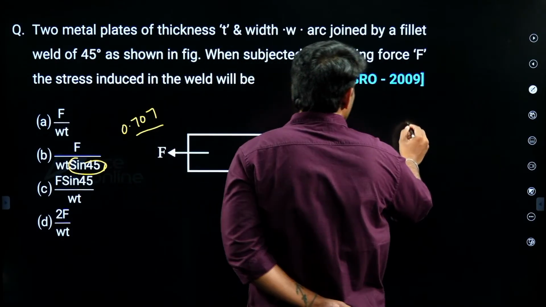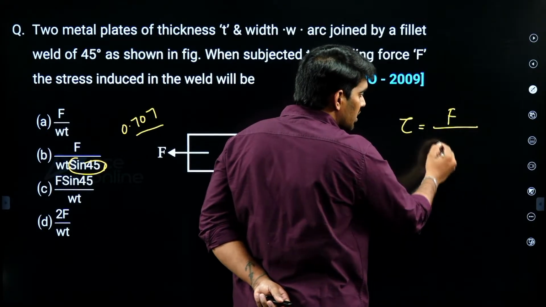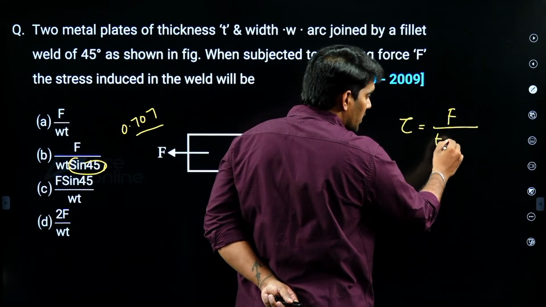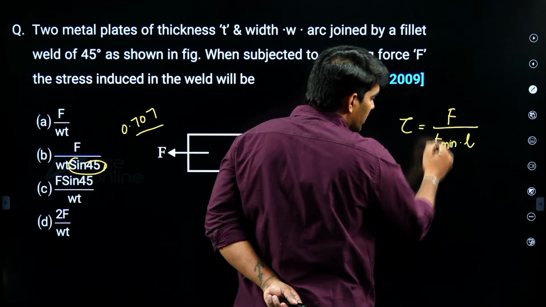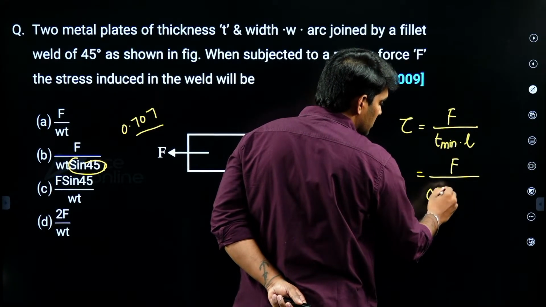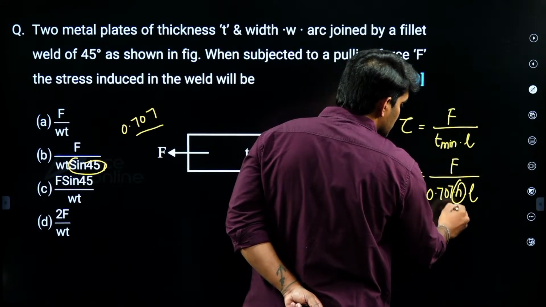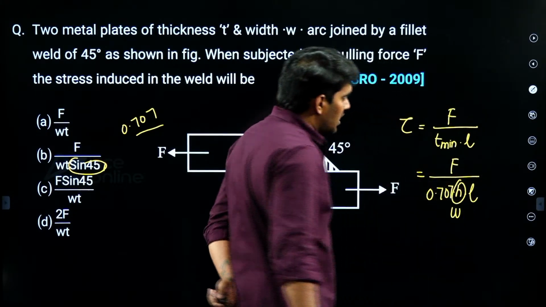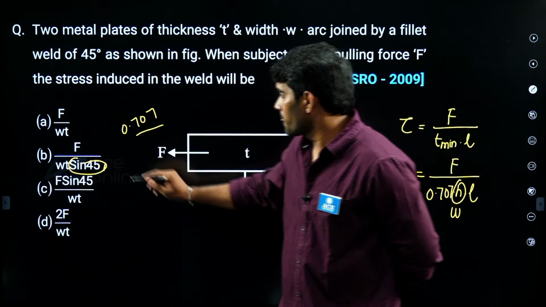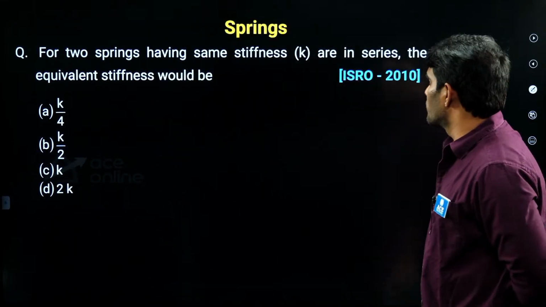Shear stress tau is nothing but load divided by minimum throat area, which is T minimum into length. What is T minimum here? F divided by 0.707 times h into L. Here h is nothing but the width of the plate. So the answer here is B. Such very simple questions were asked.